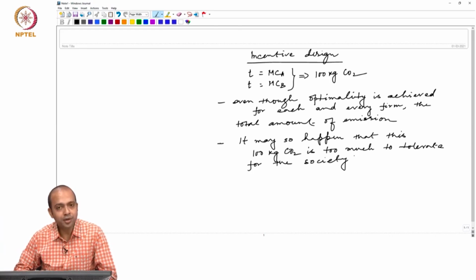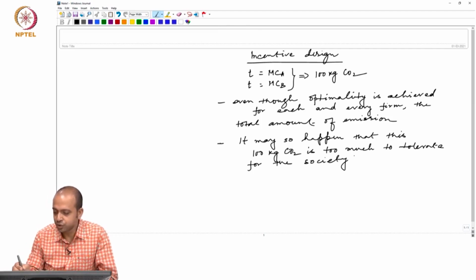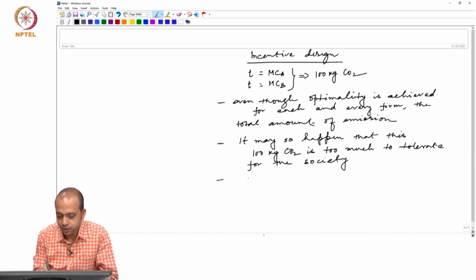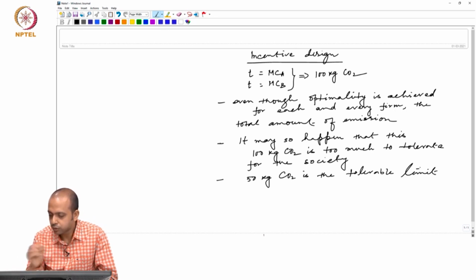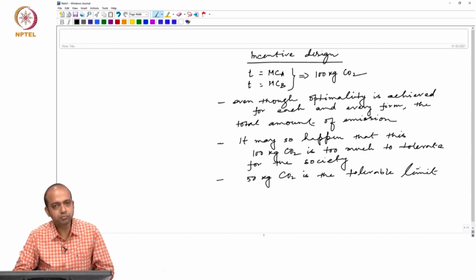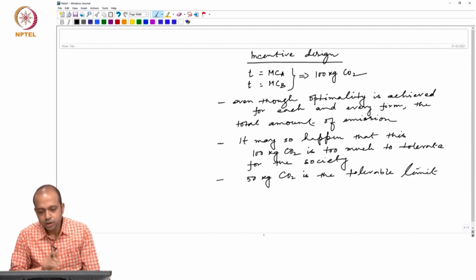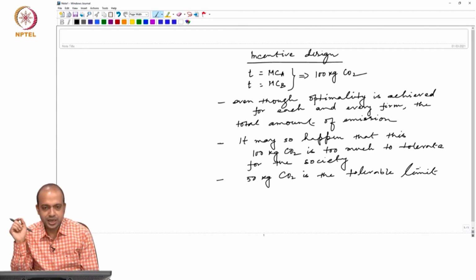So, it may so happen that at the end it will result in 100 kgs of CO2, while the society can tolerate, let us say, only 50 kg. 50 kg CO2 is the tolerable limit.